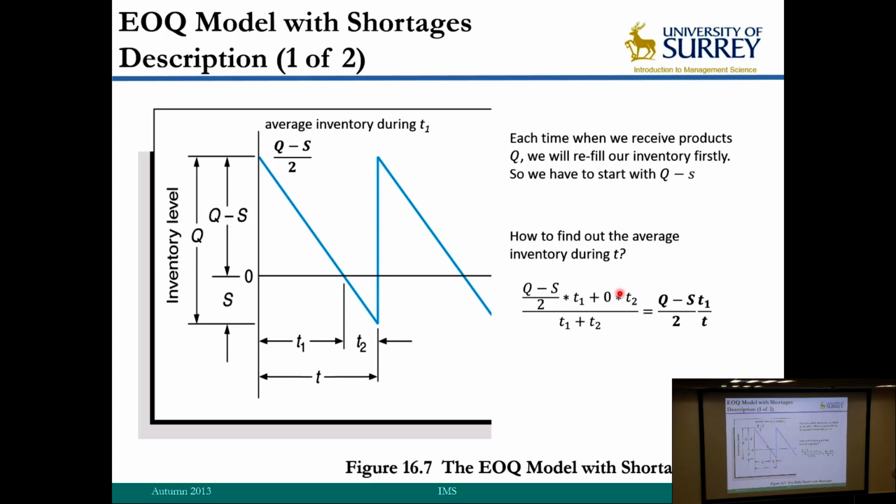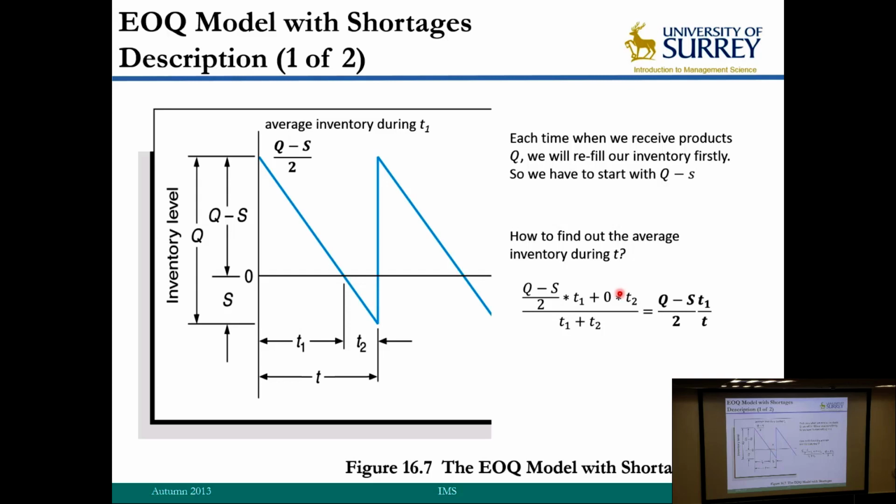So if we only consider T1, what is the average inventory level? Because we've done this before, it is Q minus S divided by 2. But if we also consider T2, we don't consider negative. So in T2, basically we have 0.